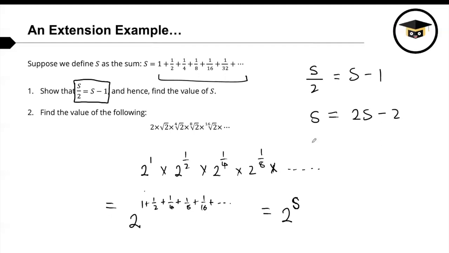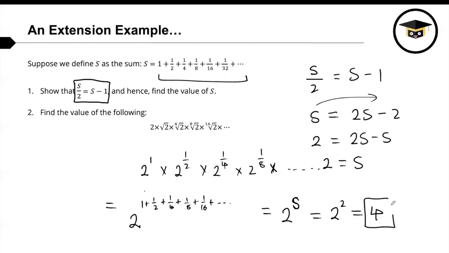I can move the minus 2 to the other side, so it becomes a plus 2, and I'm going to move this S to the other side, so it becomes a minus S. So I get 2S minus S, so I get 2 is equal to S. And so my final answer is S equals 2. So if I plug that in here, I get 2 to the power of 2, which is 4. And that is our final answer of what this is.